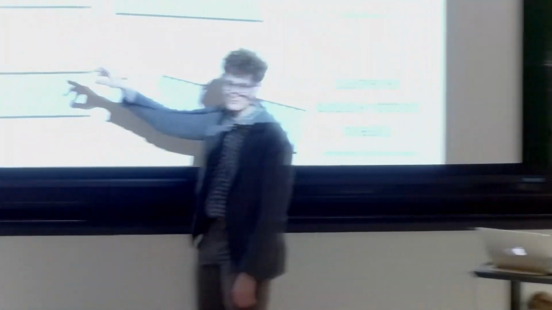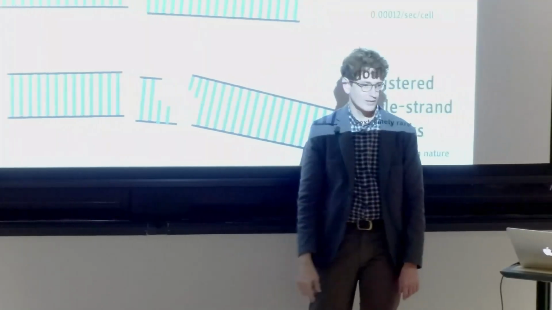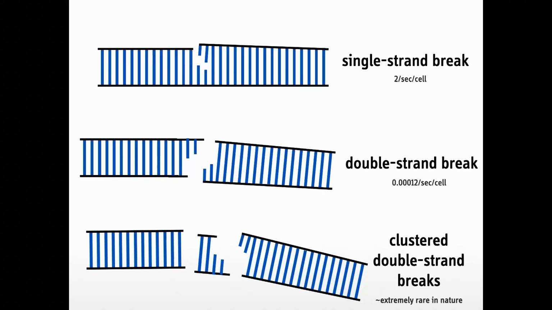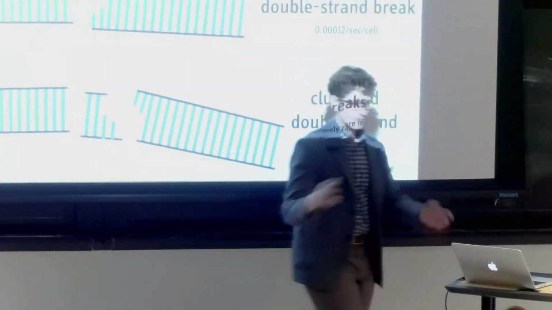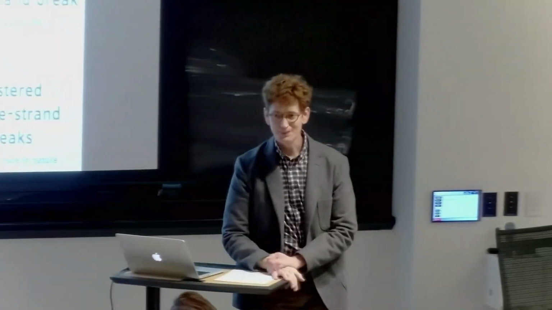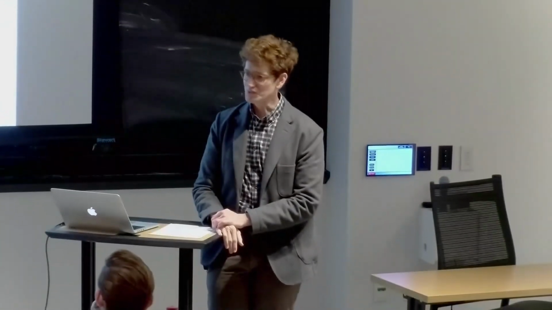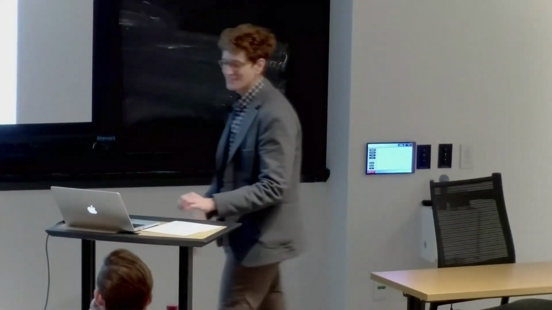But sometimes you get something like this. And what is the end? This thing floats away. And the enzyme comes along and cuts these things off and glues it together. And just takes out a few base pairs. And this happens all the time in your genome. And sometimes it's benign, and sometimes it's not. And when it's not, you get cancer.